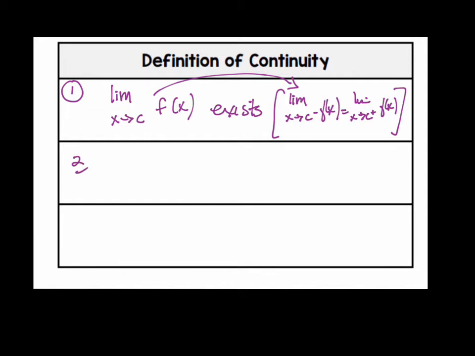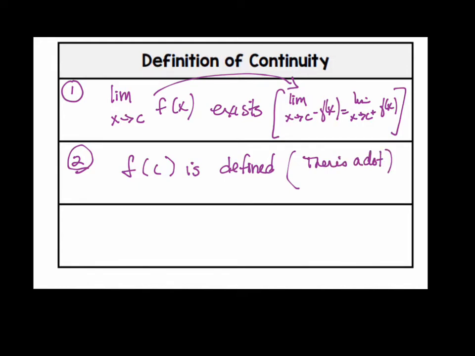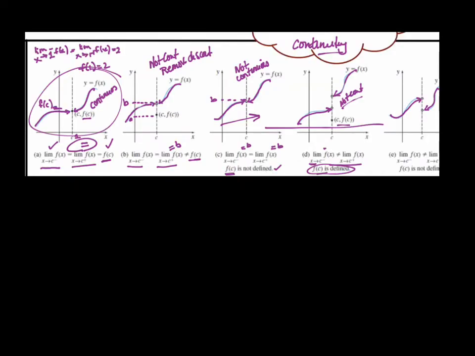Second of all, the function has to be defined at c. So there's a dot. F of c exists; it's defined. And the last thing that has to be true, if you went back and looked, is that they were all equal to each other.